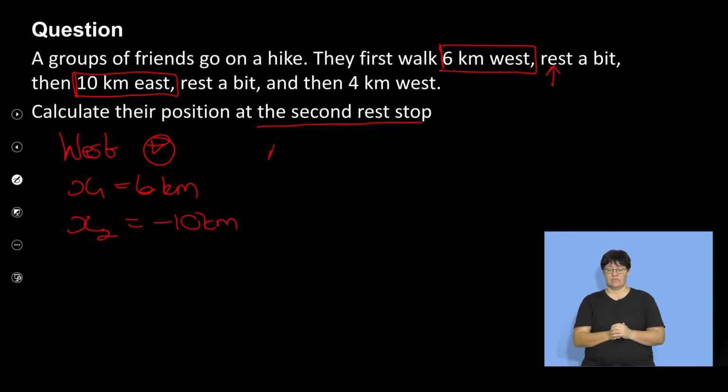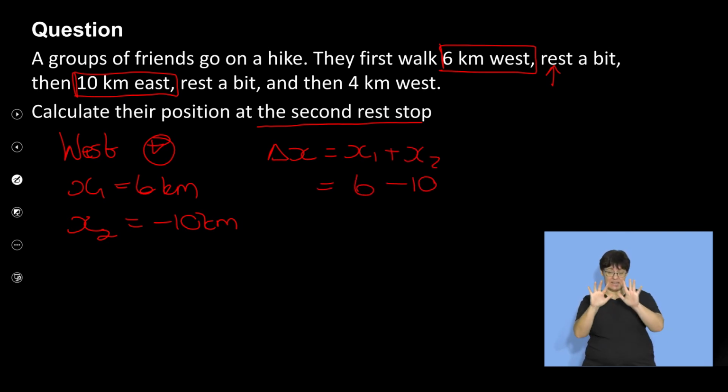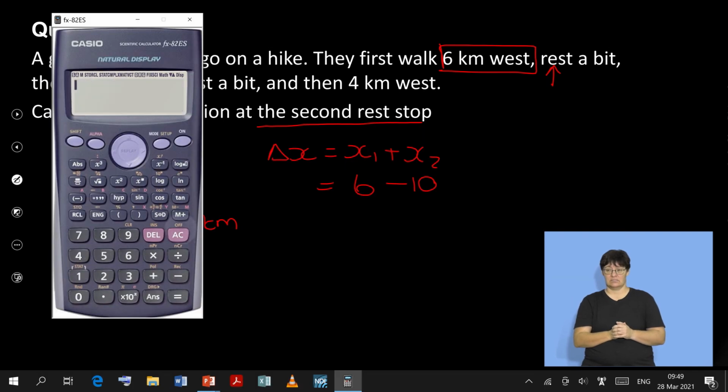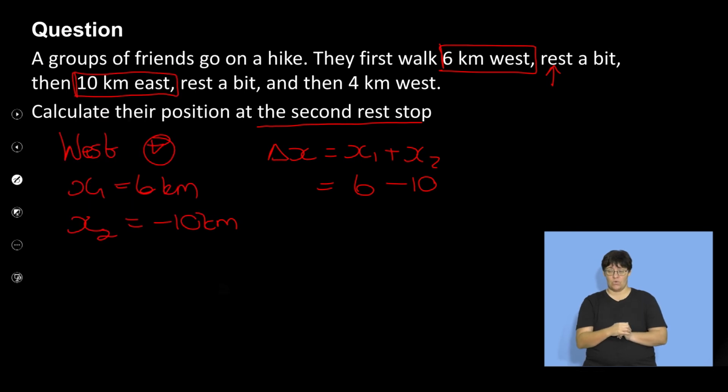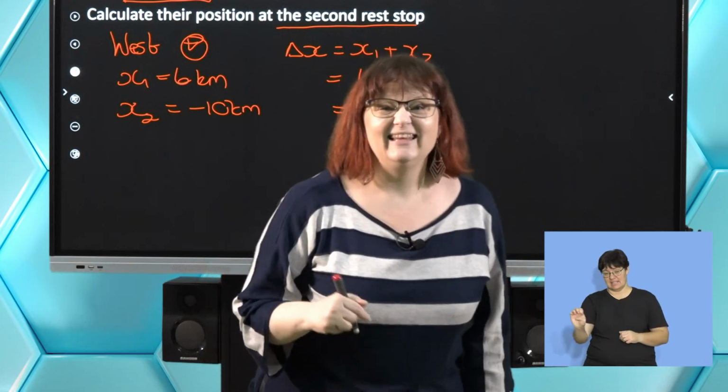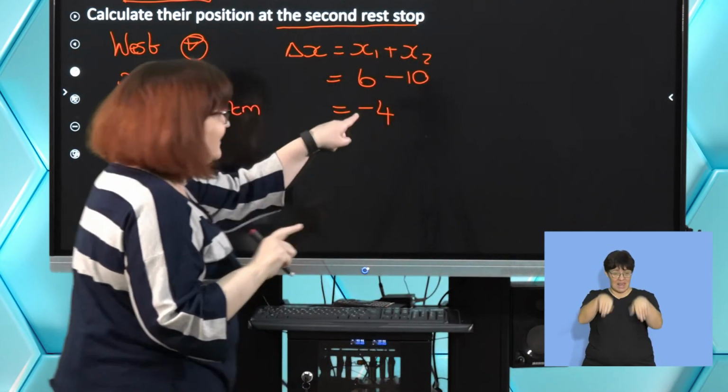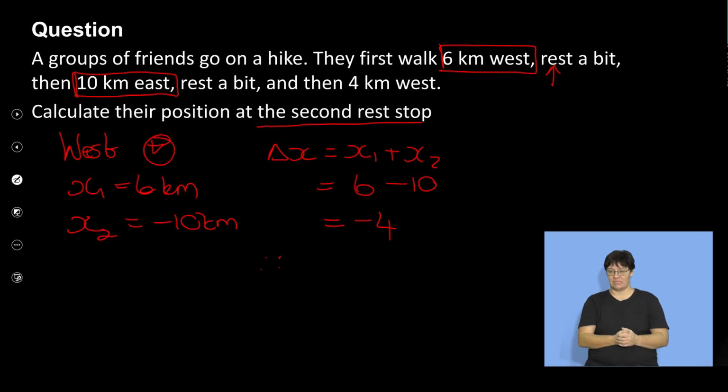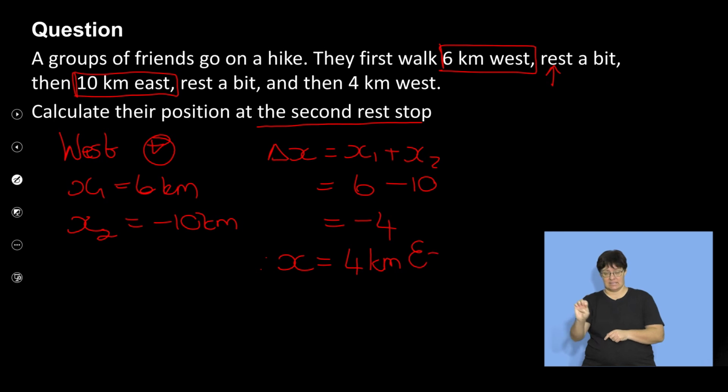So changing x1, x2, 6 minus 10. Let's just make sure. 6 minus 10. Ooh, look here. I get minus 4. The minus means that it was going east. We can't leave it as minus. So x is 4 kilometers east. Doesn't matter, the negative just tells me direction.